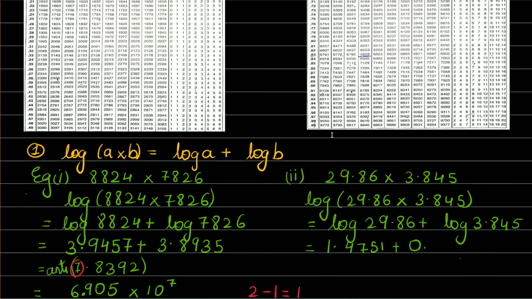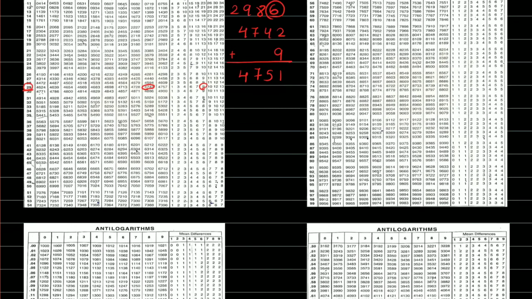Next step is to find the value for 3845 from the log table. The value of 38 in column 4 is 5843.